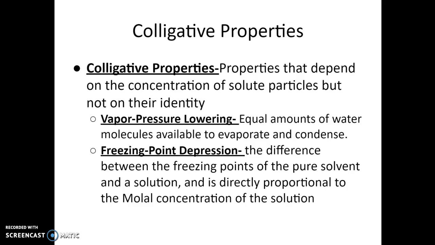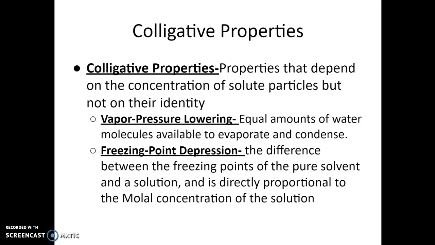What this basically means is that anytime you have any kind of solution, say salt water or sugar water, literally any kind of solution, not mixture, solution, you're going to lower the freezing point of a specific substance.